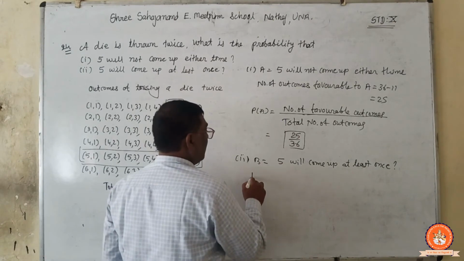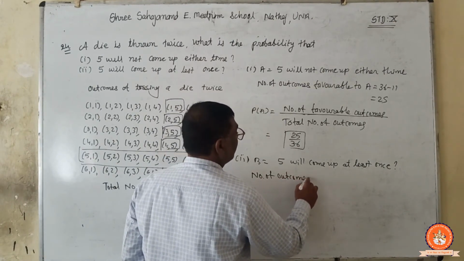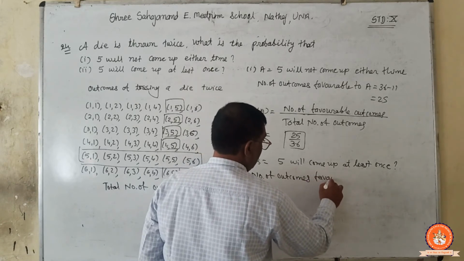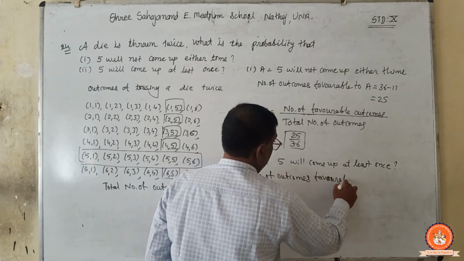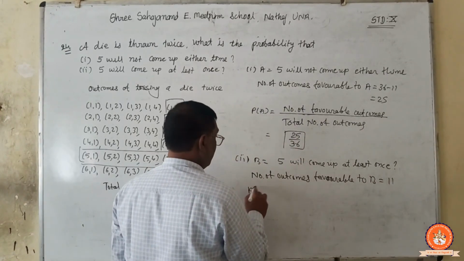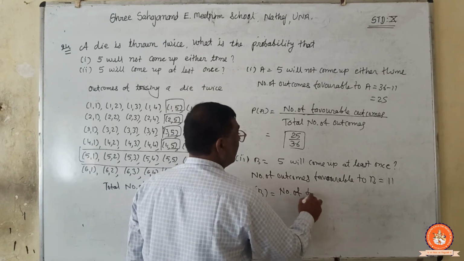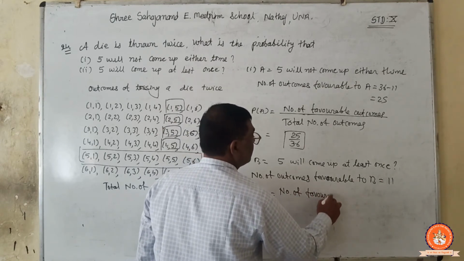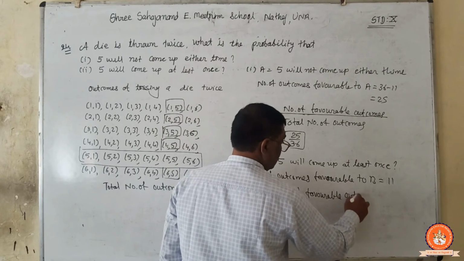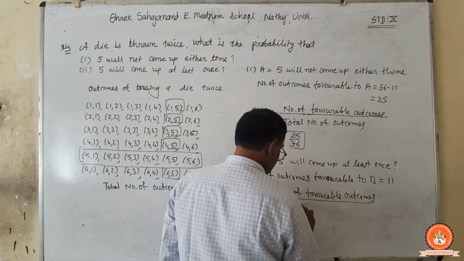So number of outcomes favorable to B is 11. So P of B is equal to number of favorable outcomes divided by total number of outcomes.